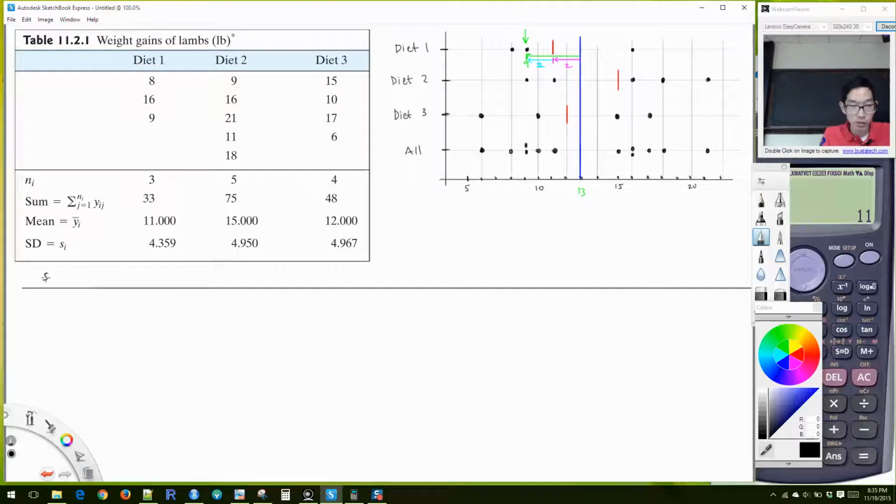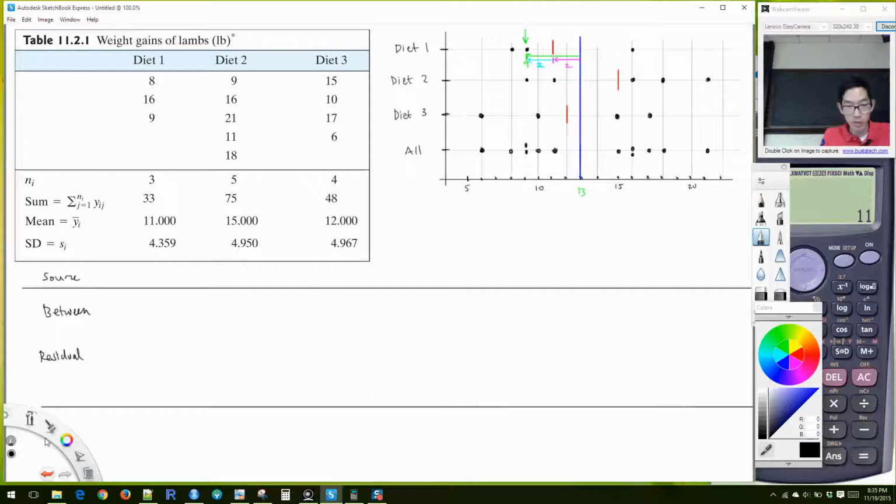So our source is between and residual. And we don't really even need to bother with the total row, but we could. Okay, so our degrees of freedom, what do we have? We got 2 degrees of freedom between, number of groups minus 1. Total degrees of freedom is number of data points, 12 minus 1. And so our residual degrees of freedom is 9.